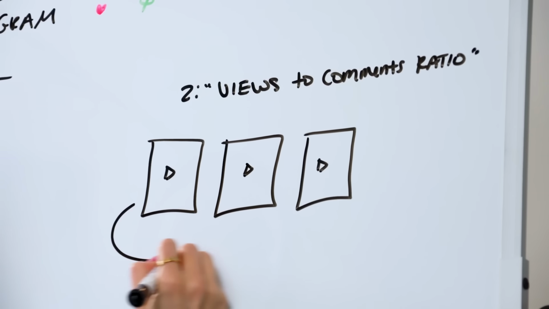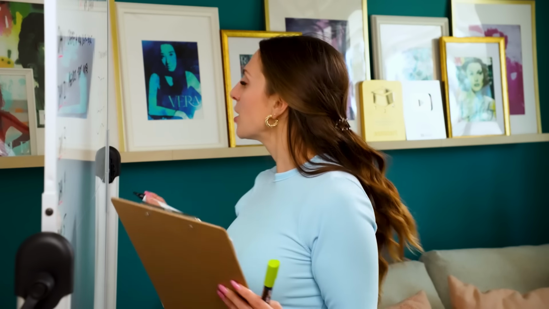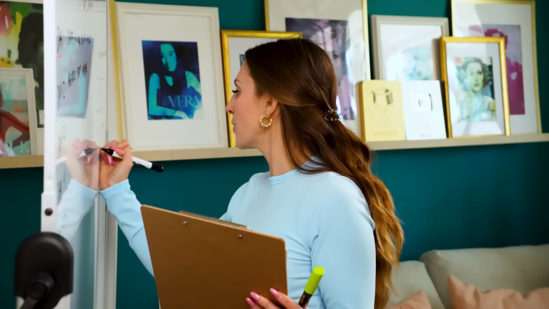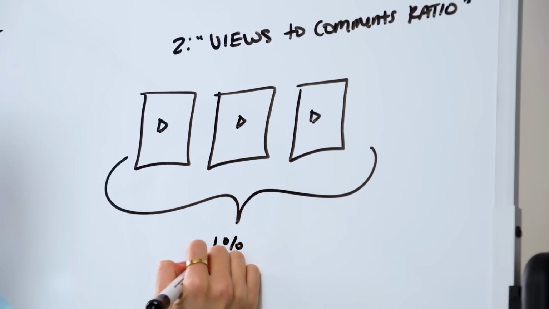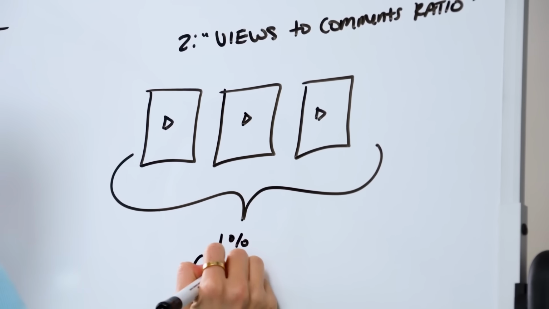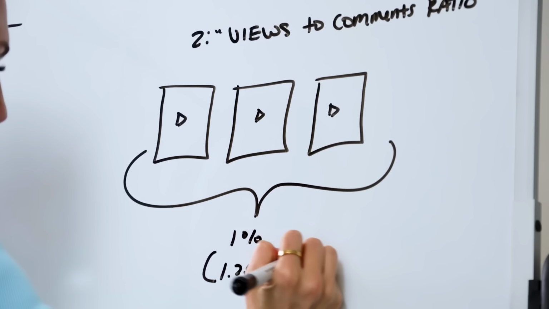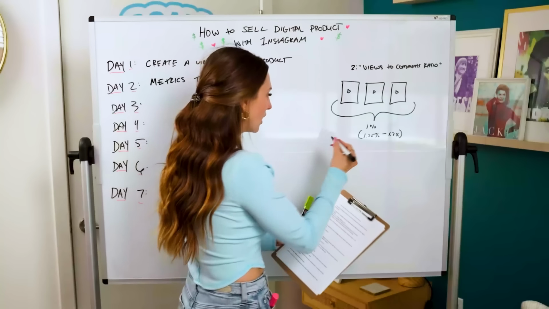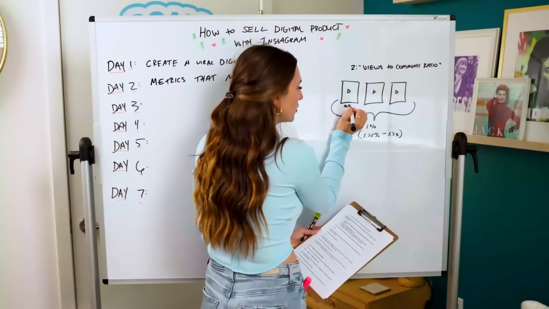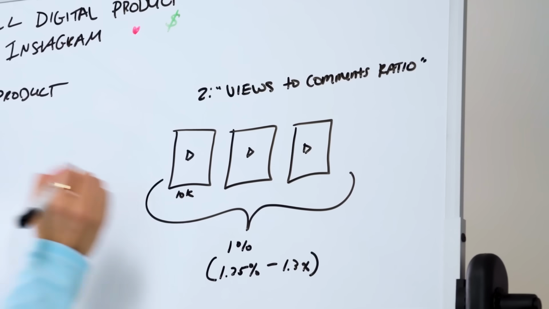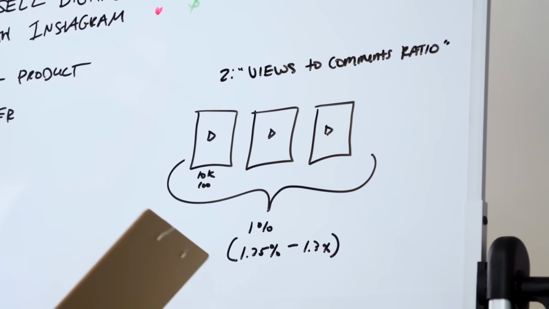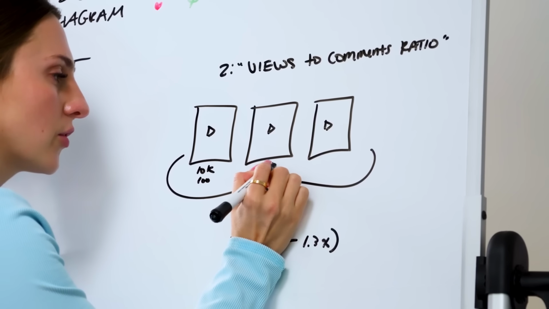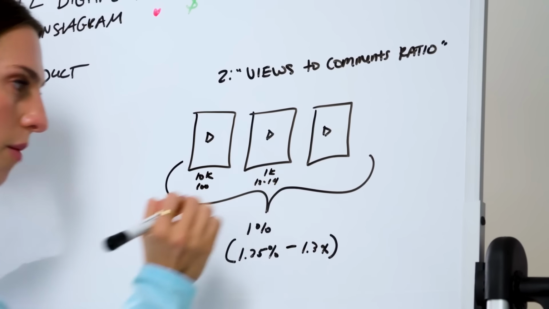And on average, everybody's views to comments ratio was about 1%. Some people that I analyzed had 1.25% to like 1.3%. But for the most part, it was 1%. Meaning, if a reel got 10K views, it got about 100 comments. If a reel got 1,000 views, it got like 12 to 14 comments.